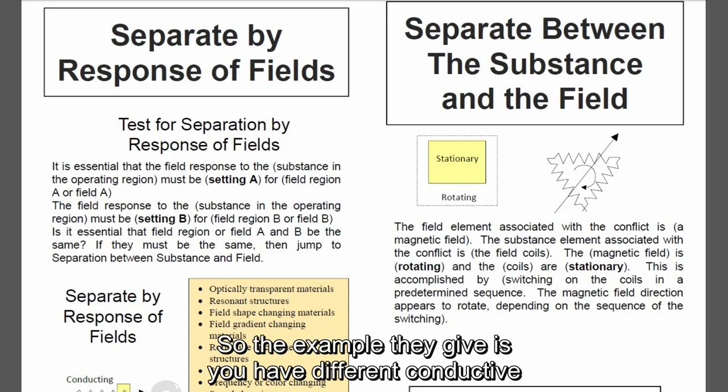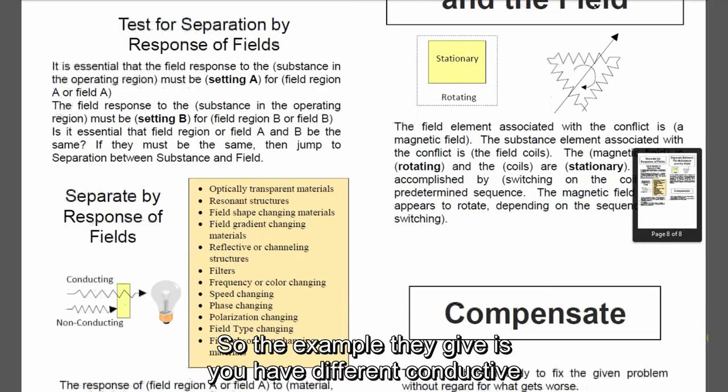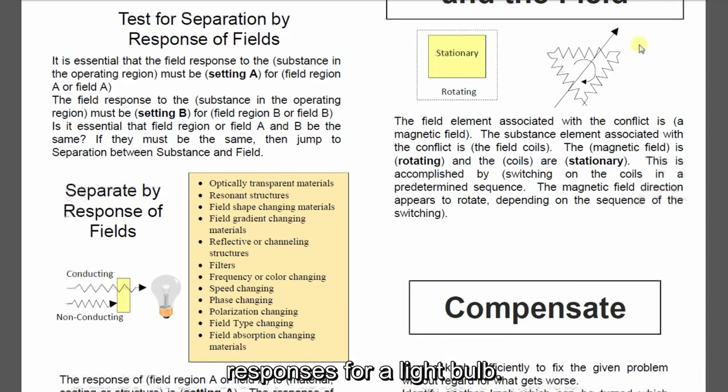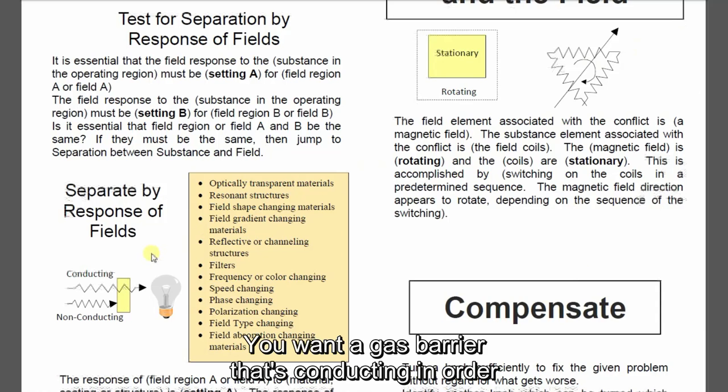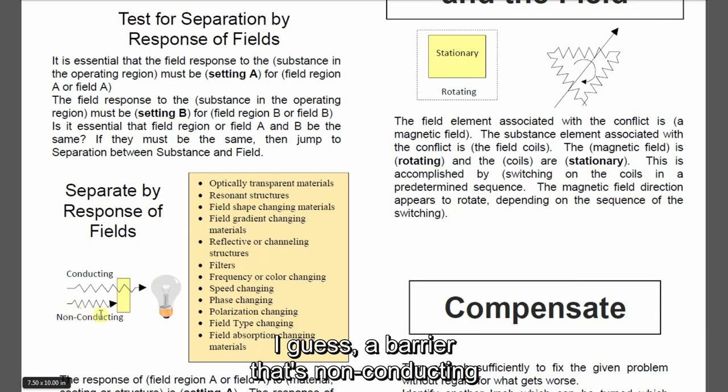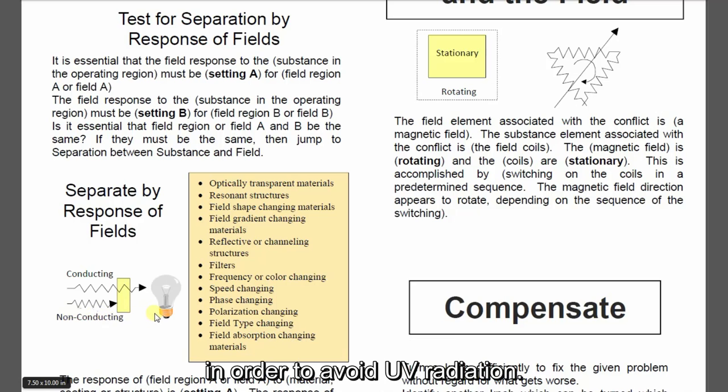So the example they give is you have different conductive responses for a light bulb. You want a gas barrier that's conducting in order to illuminate the work area, and you want a gas barrier that's non-conducting in order to avoid UV radiation.